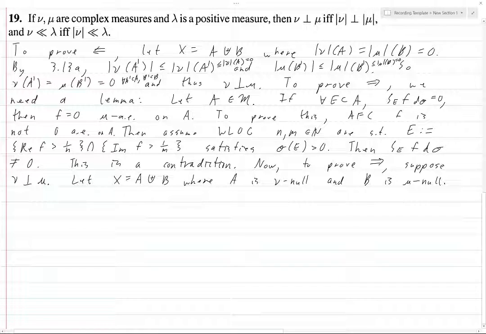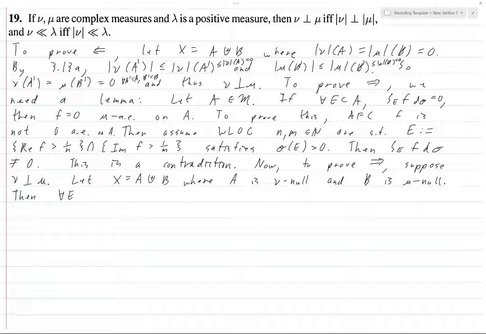What we want to say is, because now we want to prove that these two are mutually singular, we don't have to worry about all these arbitrary subsets and stuff like we had to do earlier on. All we have to look at is finding a Hahn decomposition, basically, of our space. Well, not Hahn decomposition, but let's decompose our space into a place where nu lives, or a place where norm nu lives, and a place where norm mu lives.